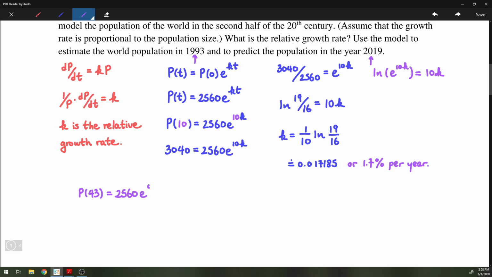This would be 0.01785, which is the approximate value of k that we found, multiplied by 43, of course. That's our t value in this case. And if you use a calculator to evaluate that, you'll get 5,360 million.